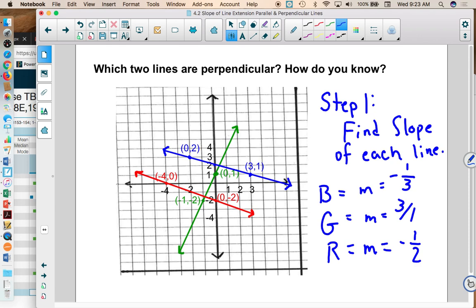Do you have the same drawing? Alright, because I know what I was looking over here. On the green, you subtracted -2 minus 1, am I correct? -2 minus 1 over -1 minus 0, am I right there, folks?